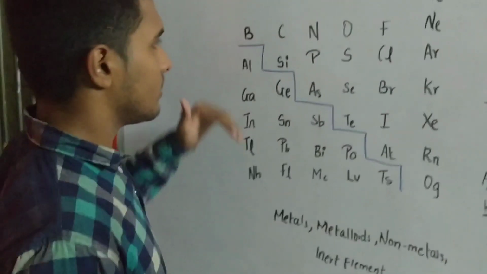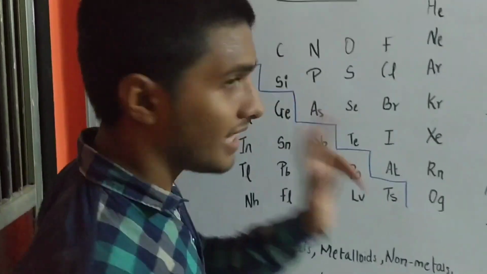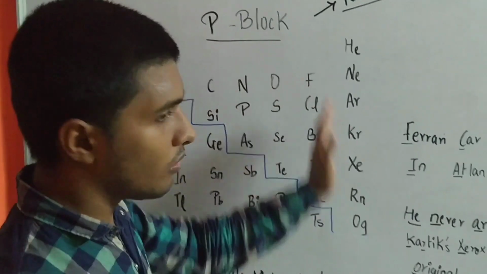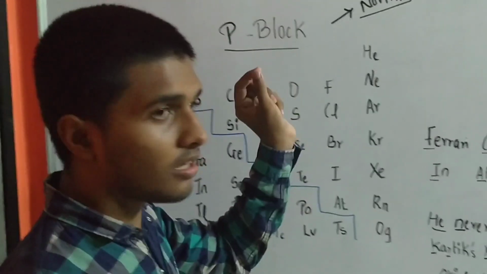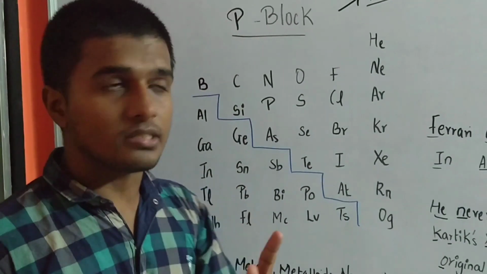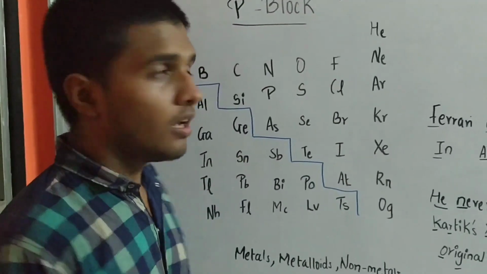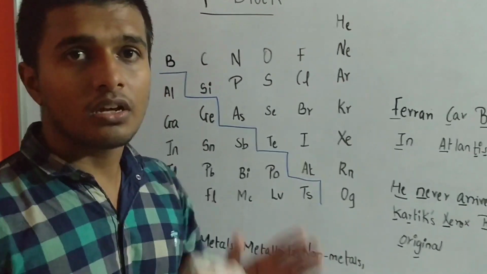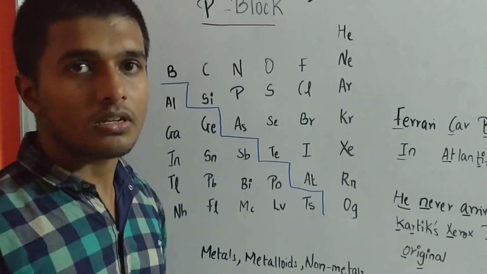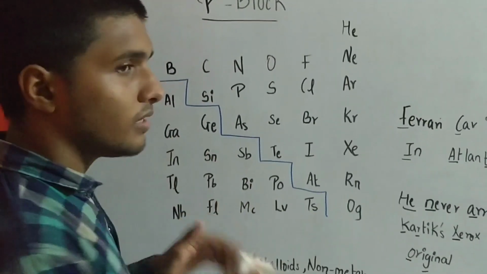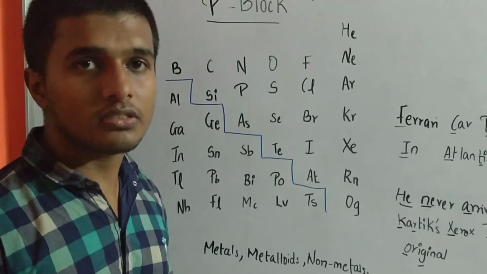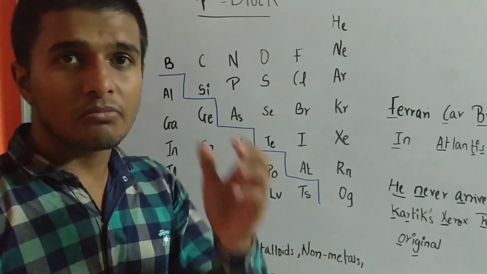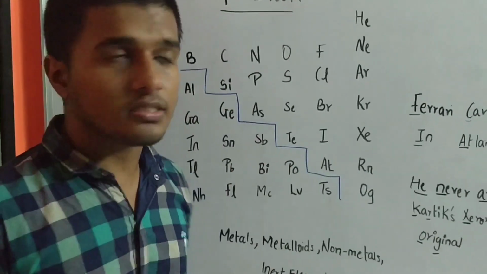And more things I have to say about the P block is that, first of all, the zigzag line separates the metals and non-metals in this block. Second, the 18th group is the only group comprising only a single type of elements, that is noble elements. In the entire periodic table, we have only one group which contains the same type of elements. The rest all have different properties, different variations, but all the elements in this group have similar properties of noble gases.